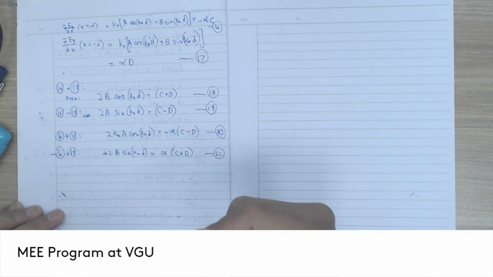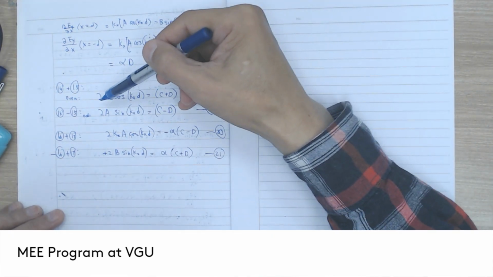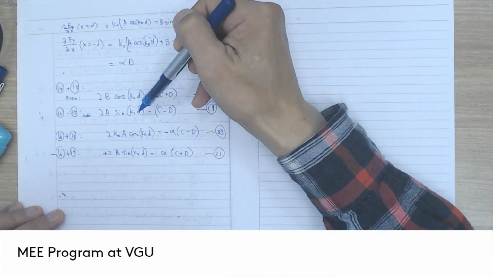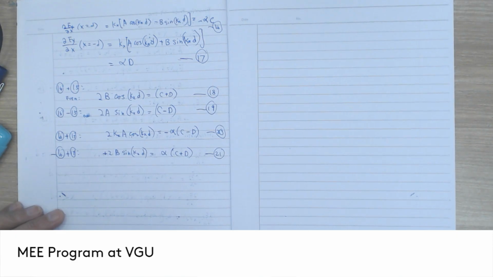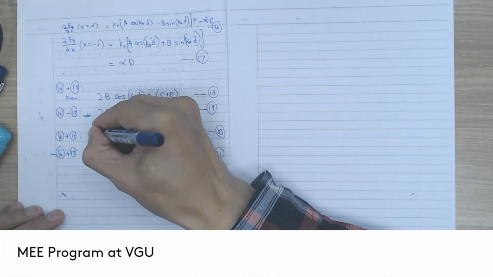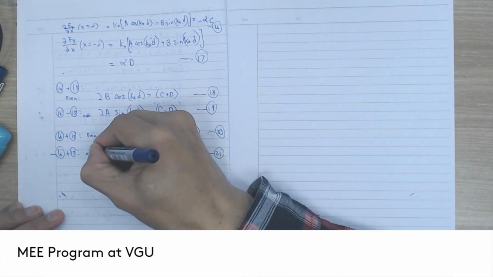We know that because in even mode we have only cosine terms, and in odd modes we have only sine terms. So we can rest assured that for exactly the same reason, this one is even mode and this one is odd mode.